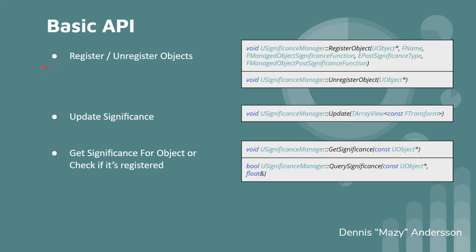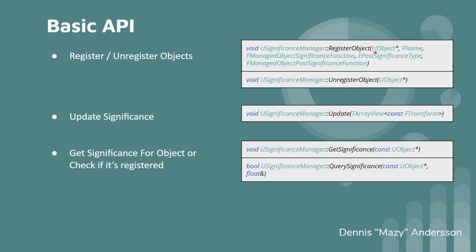Some basic API: registering objects, which is basically what you're going to do per actor. This is where you assign an object and plug it into the manager. Then the manager can determine significance and act on that significance. It's going to take in the object, and it's going to take in a tag, so you don't have to cast, because these managed object significance functions have the object, a tag, and then the significance value.